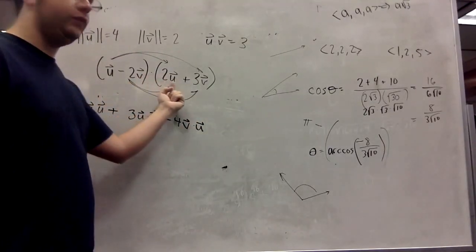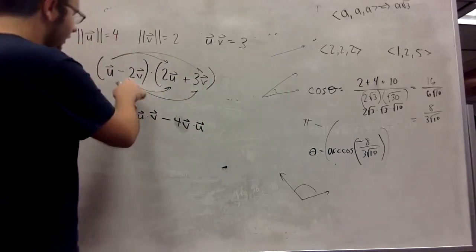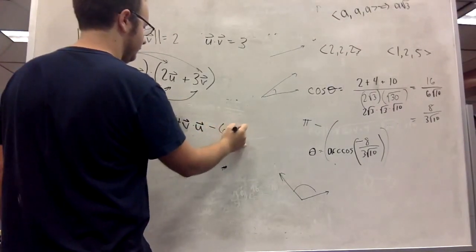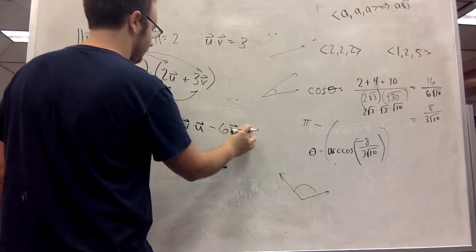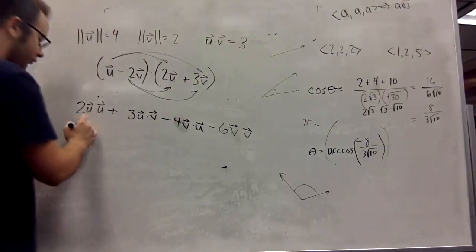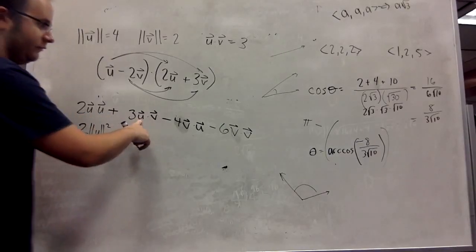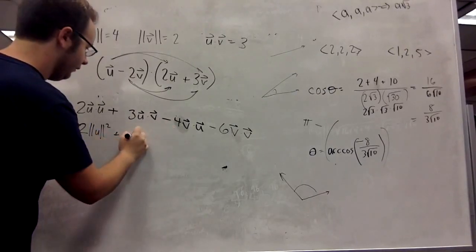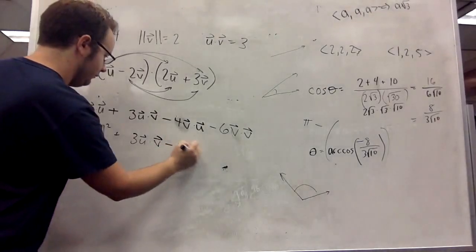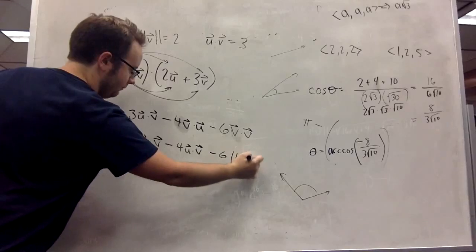Technically, you should say v dot u because that's the order in which they're being multiplied. We see a v here, then a u here, but we know that v dot u is the same thing as u dot v. We can interchange those in just a minute. And then we have minus 6 v dot v. u dot u is the magnitude of u squared. 3u dot v and minus 4 v dot u are almost the same thing, and this is minus 6 v squared.